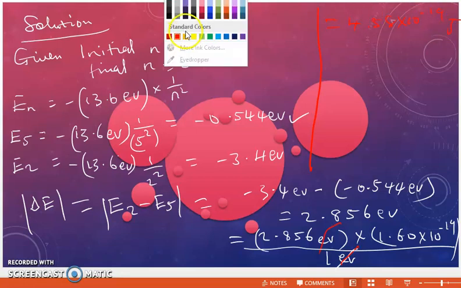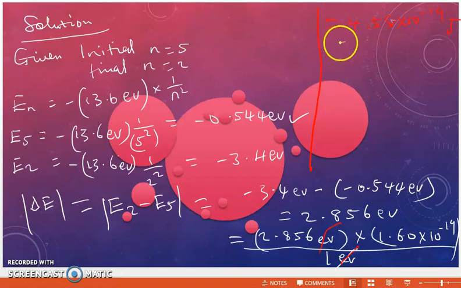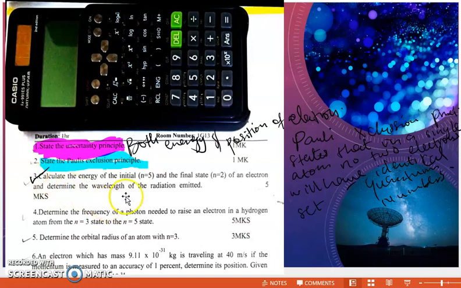Let's remember we are also to calculate the wavelength. If you go back to the equation, we are to determine the wavelength of the radiation. Of course, we've calculated the energy of the initial and final state. So now let us determine the wavelength of the radiation emitted in this particular equation.